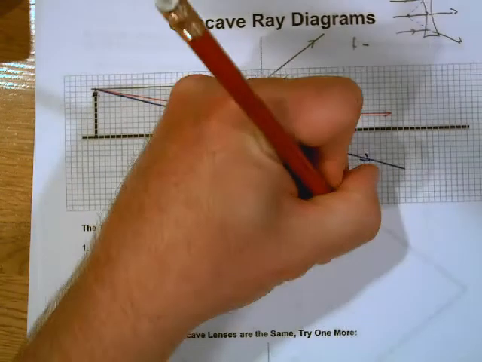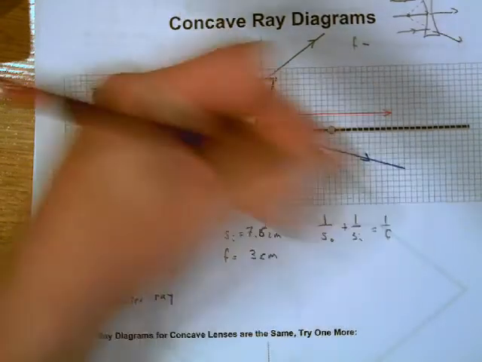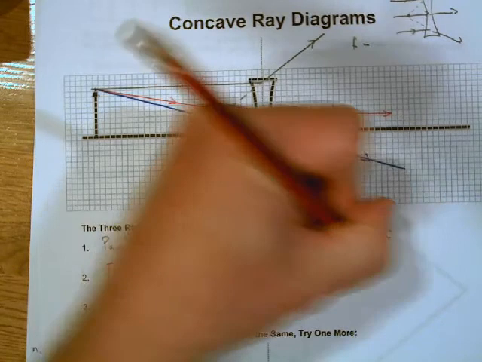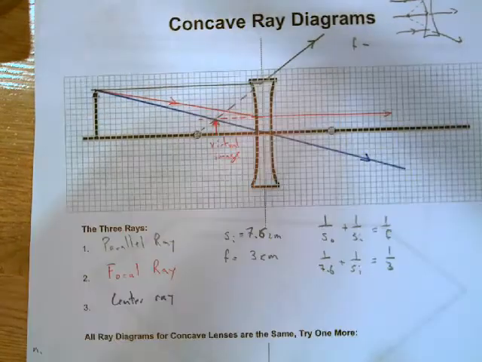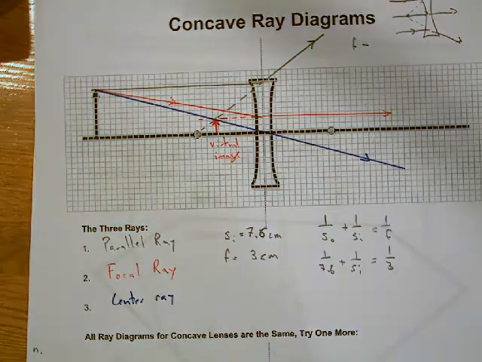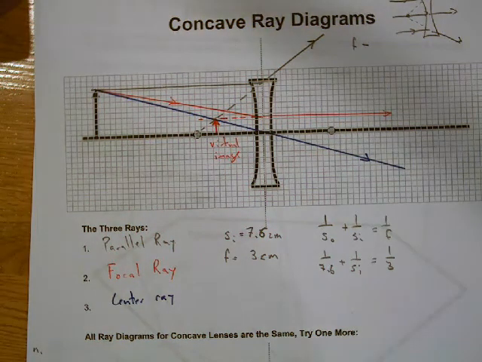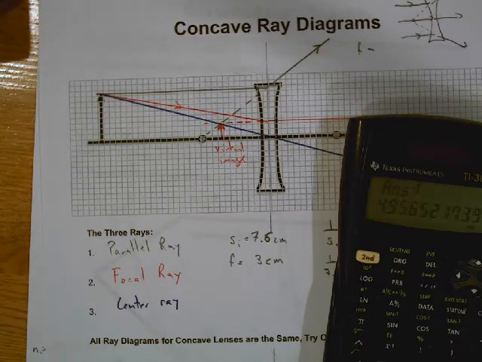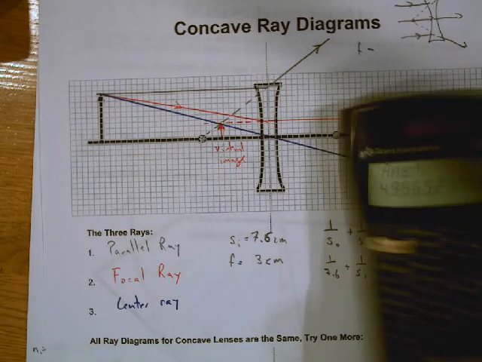Let's do our 1 over SO plus 1 over SI equals 1 over F. If I plug this in, 1 over 7.6 plus 1 over SI equals 1 over 3. If we do the math, 1 divided by 3 minus 1 divided by 7.6, and I get this number, and then I take the inverse of that, and it seems like my SI should be 5.